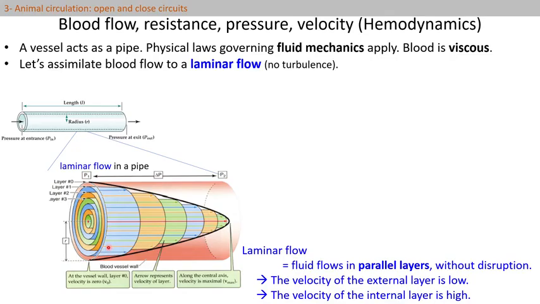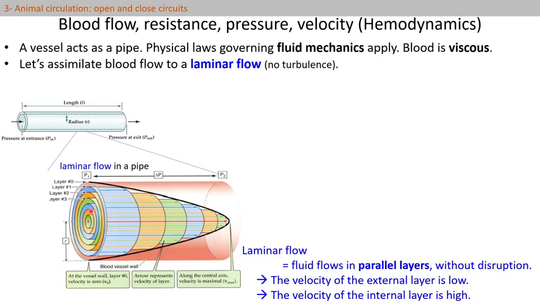There's no turbulence, and essentially what laminar flow is, if you consider this is the pipe, is that the fluid will flow in parallel layers without disruption, and at the center of the pipe the flow is very fast, and the closer the layer is to the pipe wall, the slower the movement is. So the velocity of the external layer is low, and the velocity at the center of the pipe is high. So this is called laminar flow, so flow in different layers.